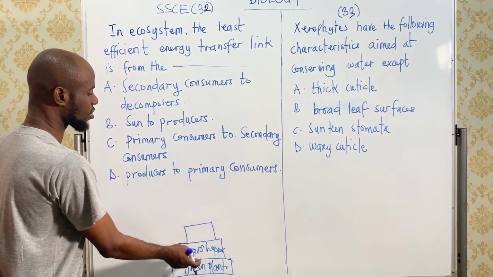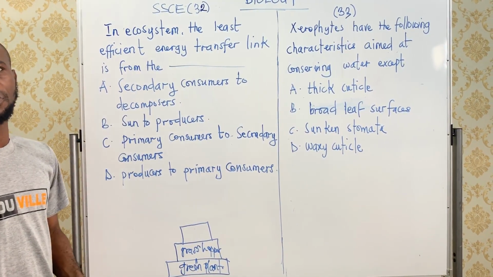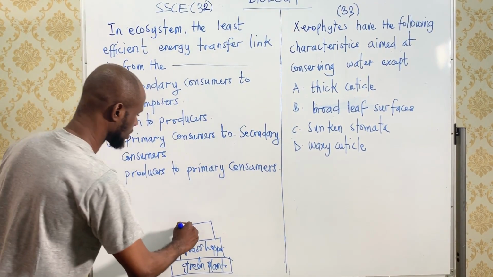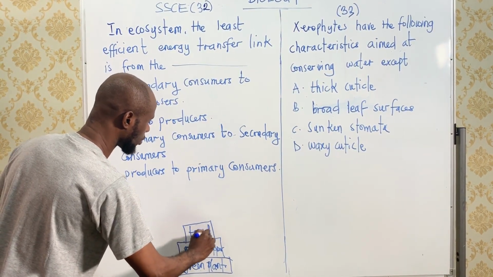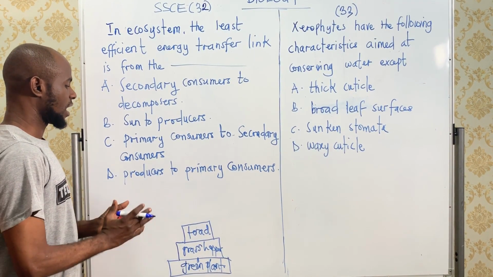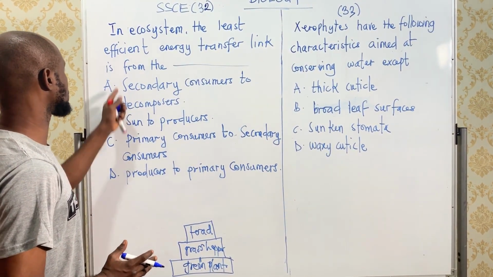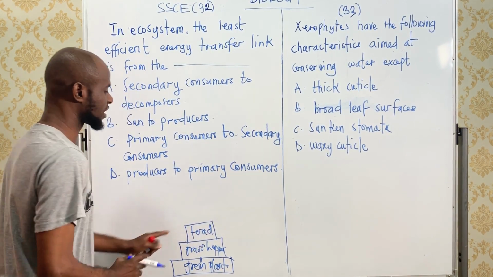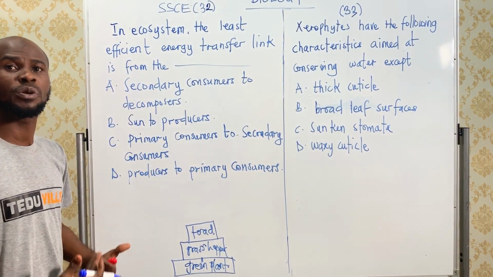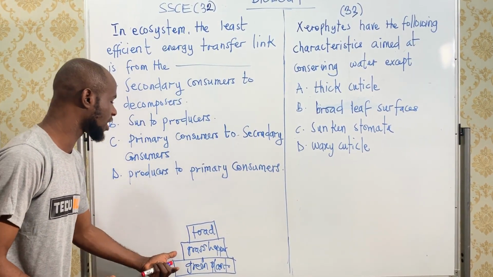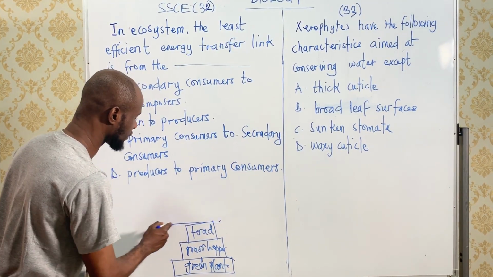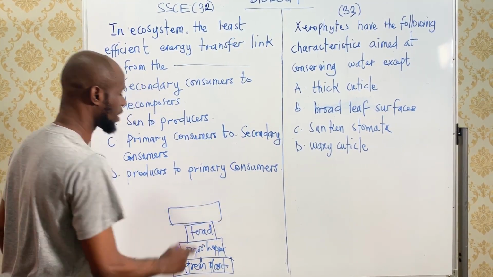Then what can consume the grasshopper? Let's say the toad, for example. The toad can also be consumed by decomposers, since we have decomposers as part of our options. The number of decomposers in ecosystems should be more than the number of toads, grasshoppers, or green plants, so this is an odd-shaped pyramid of numbers.